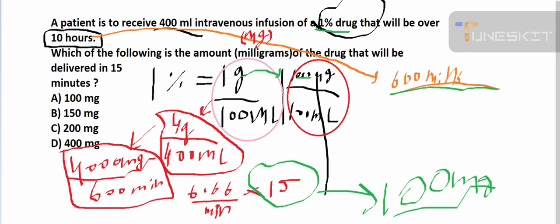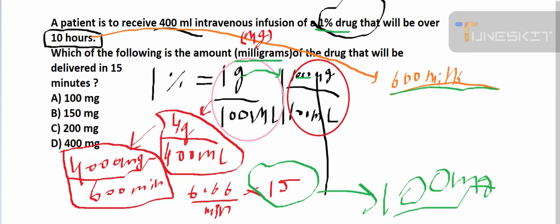So 1 gram in 100 ml. Okay, but we have 400 ml. If there is 1 gram for 100 ml, how many grams for 400 ml? 4 grams for 400 ml. 1 for 1, 4 for 4. Very simple. Now convert this 4 grams into mg, because he has asked for the answer in mg.